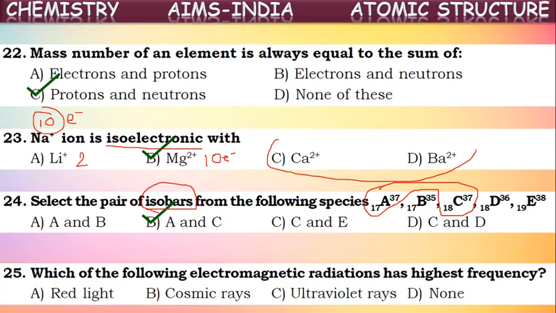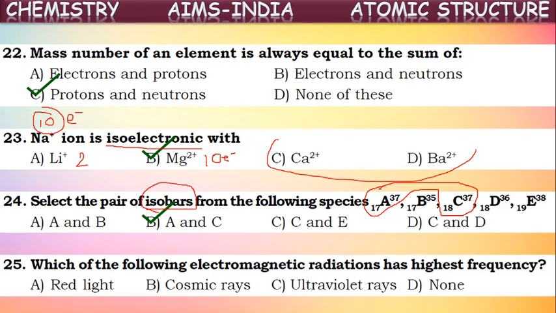Okay, next one. Which of the following electromagnetic radiations has the highest frequency? So we have studied the electromagnetic spectrum in earlier classes. The radiations with a greater wavelength will have less energy or less frequency. They are radio waves. That is why they won't cause any harm to us.